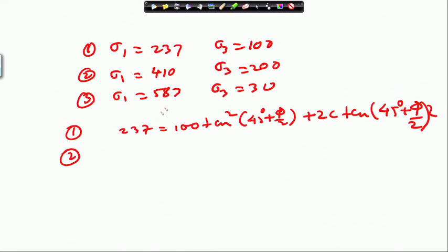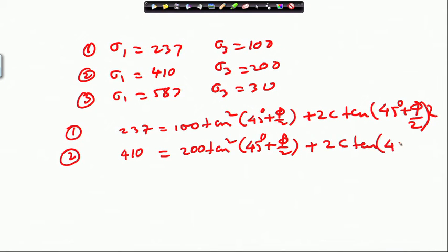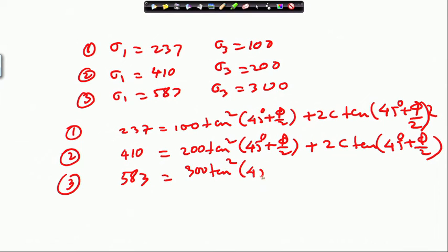Then from test 2 I can get 410 equal to 200 tan square (45 degrees plus phi by 2) plus 2c tan (45 degrees plus phi by 2), and from test 3 I can get 583 equal to 300 tan square (45 degrees plus phi by 2) plus 2c tan (45 degrees plus phi by 2). So again we have 3 simultaneous equations for 2 unknowns.